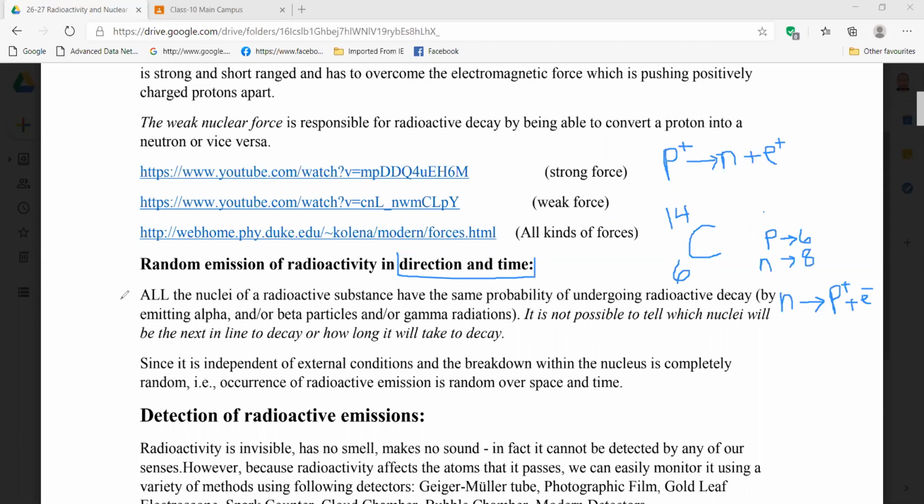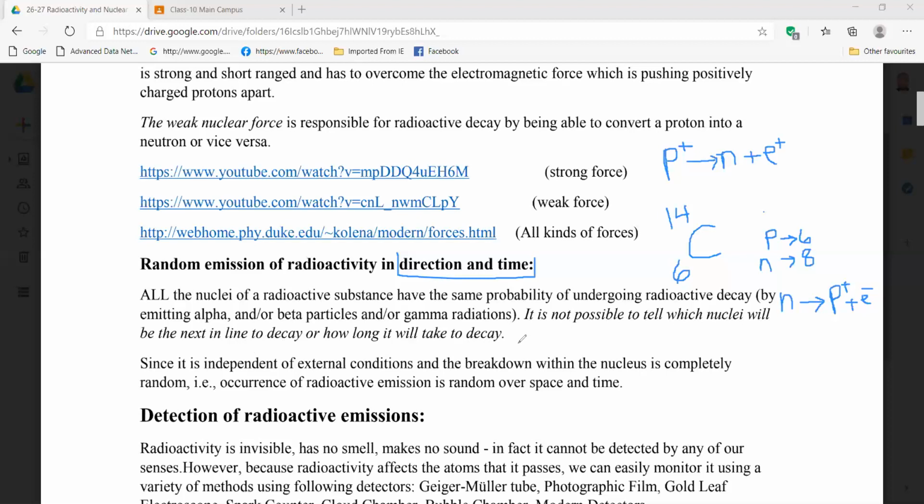So I think it's clear to you from this description. However, I am elaborating a little bit. Here it said it is not possible to tell which nuclei will be the next in line to decay or how long it will take to decay.